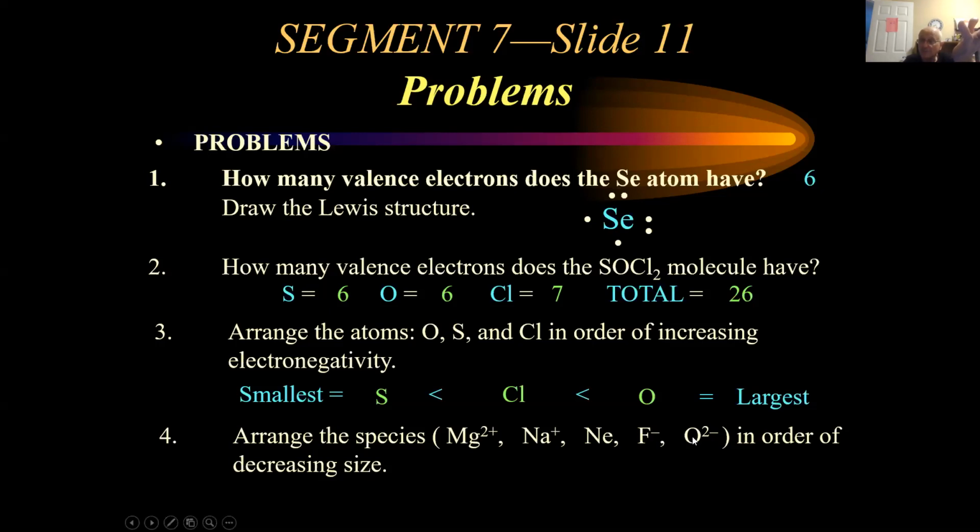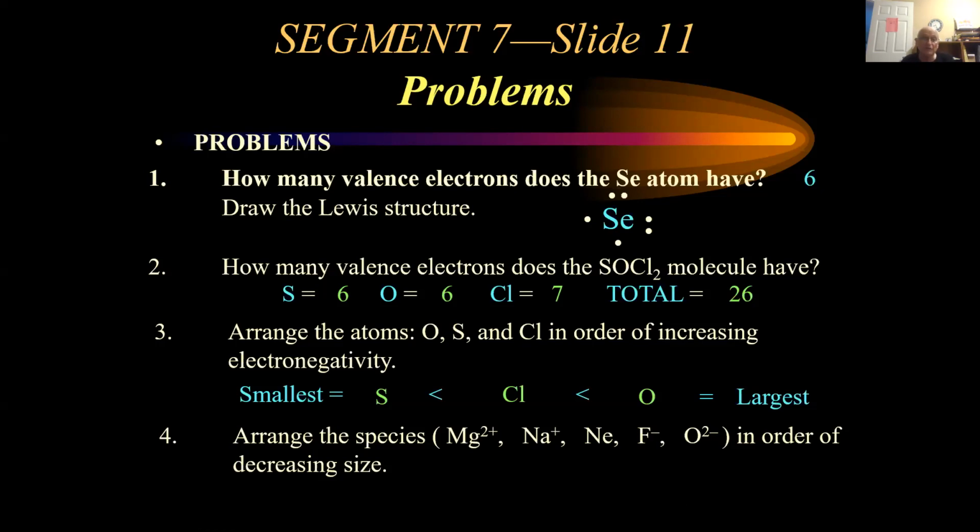Oxygen is going to gain 2 electrons, and it's going to have 8 valence electrons totally, and it's going to have 10 electrons around it. That's going to be the biggest one.